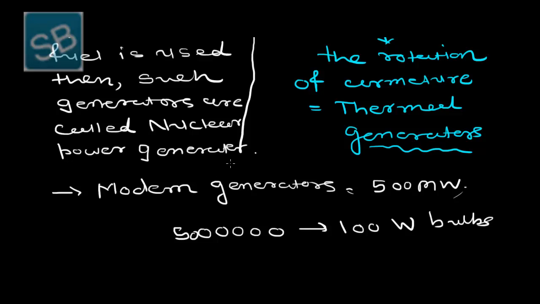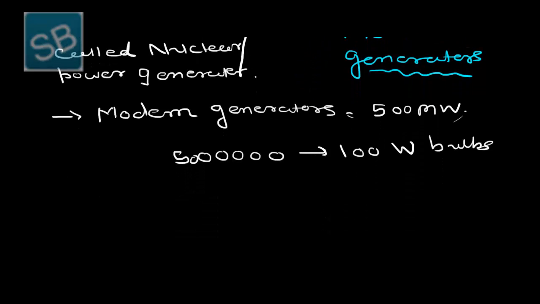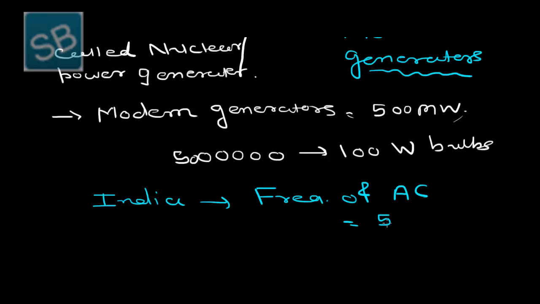In most of the generators, the coils are held stationary and it is the electromagnets which are rotated. In India, the frequency of AC, this can be asked in MCQ, is 50 Hz.